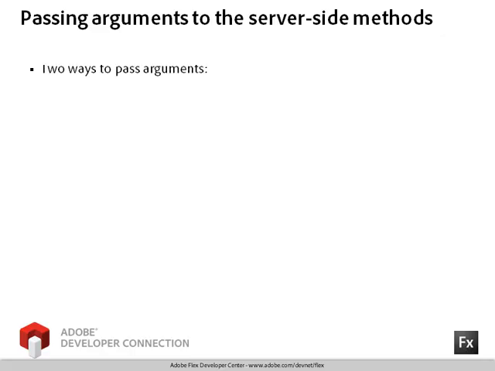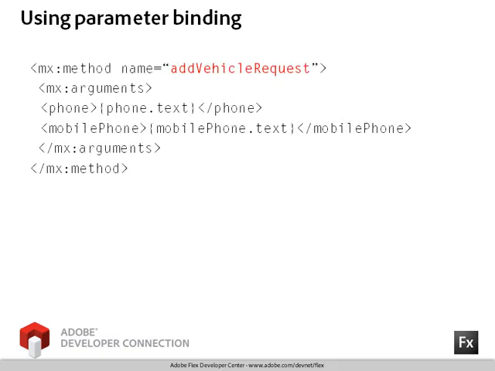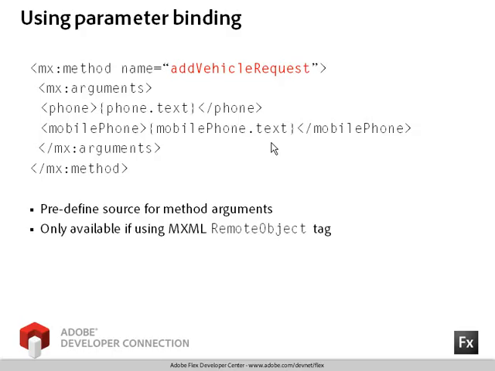The two ways to pass arguments to the server-side method calls through RemoteObject are parameter binding and explicit parameters. Parameter binding allows developers to predefine the source data for arguments that will be passed to the server-side methods. This technique is only available if you use the RemoteObject MXML tag.